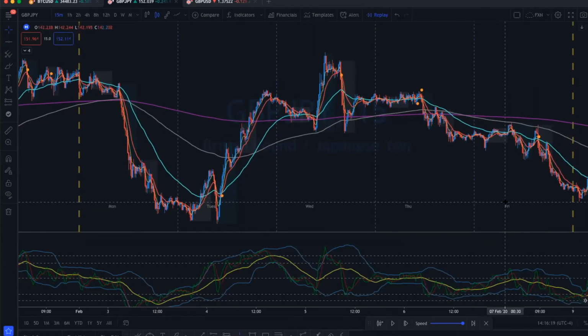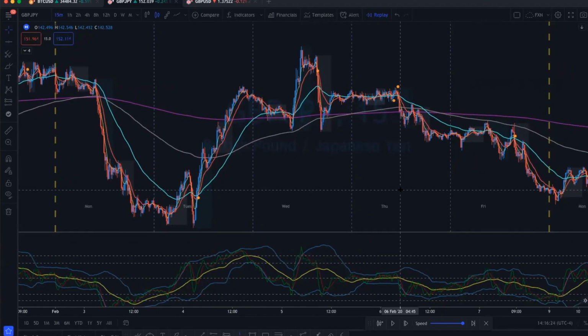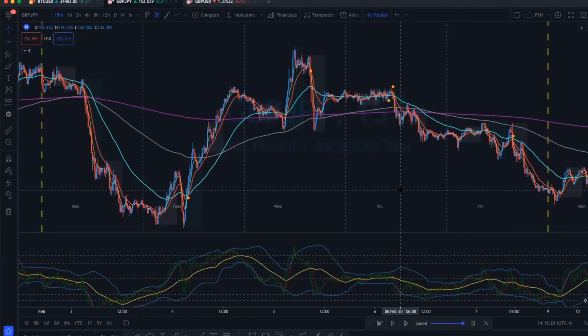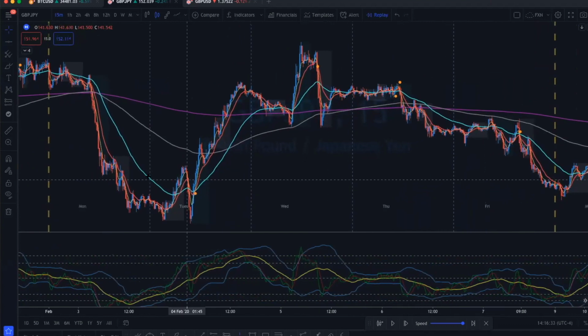If you had to paint a Mona Lisa of what a market maker cycle would look like, it would be this right here, literally to the T. So this cycle in the first week of February 2020 was the perfect market maker cycle.